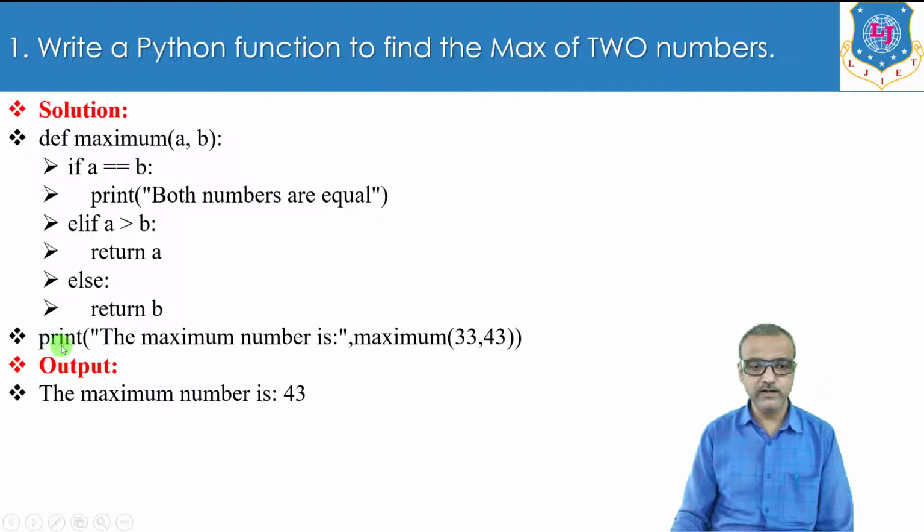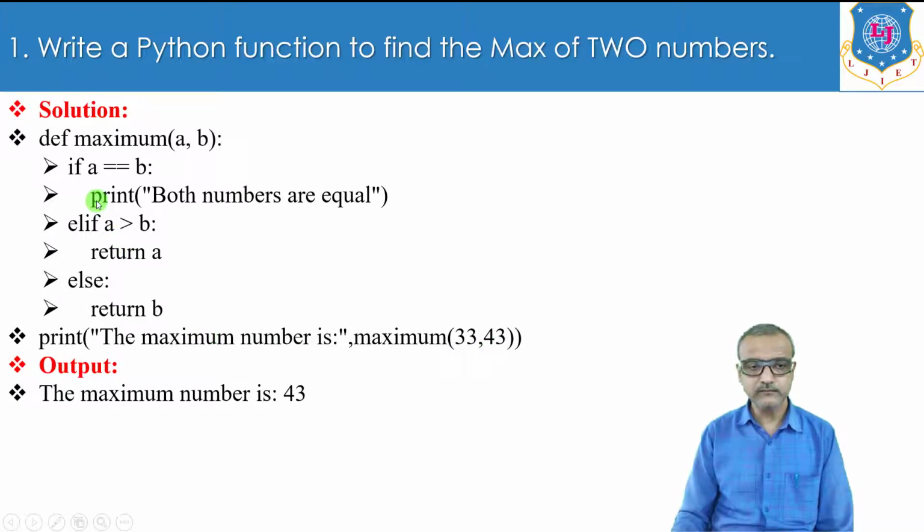At last we will write down this print statement, that is the maximum number is, here we are calling the maximum function, maximum 33, 43. So here you can see that the value of a is 33 and the value of b is 43.